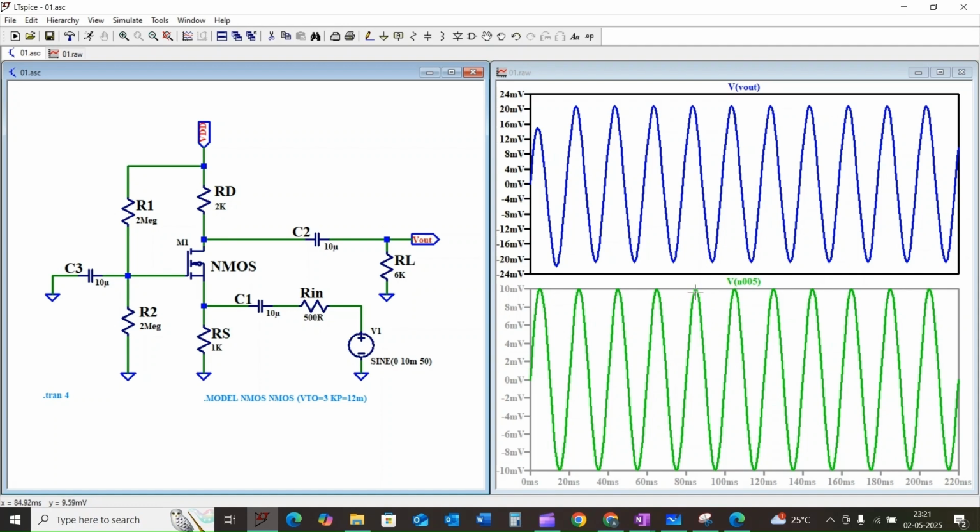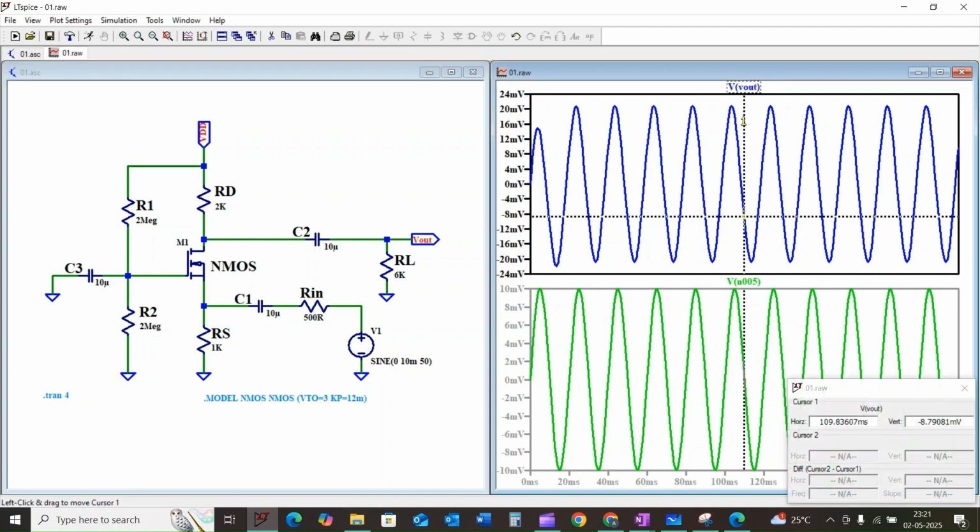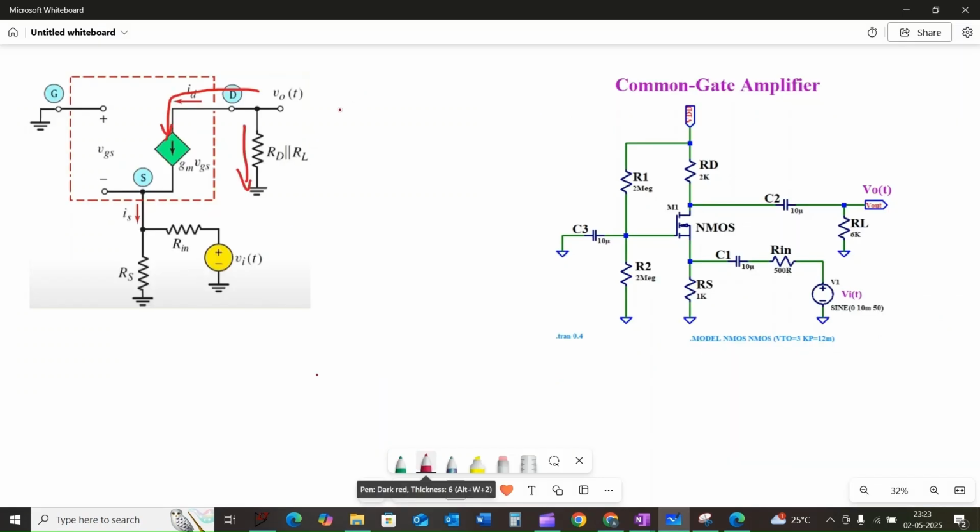So as per simulation, our input voltage peak to peak value is 20 millivolt, and similarly our output peak to peak value is almost nearby 24 millivolt, and the input and output are in the same phase.